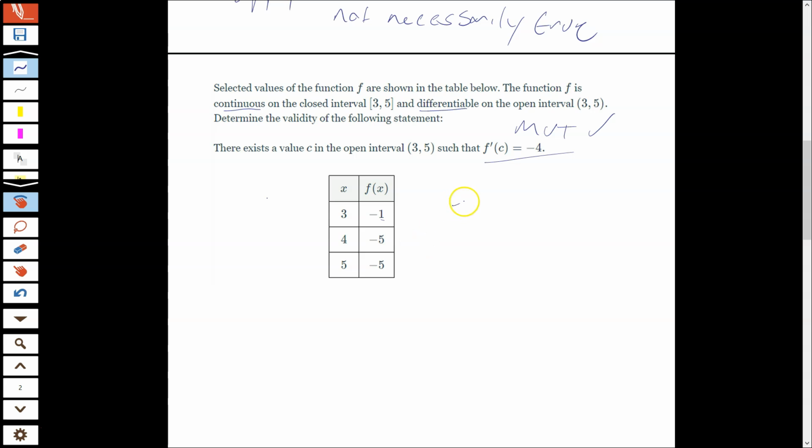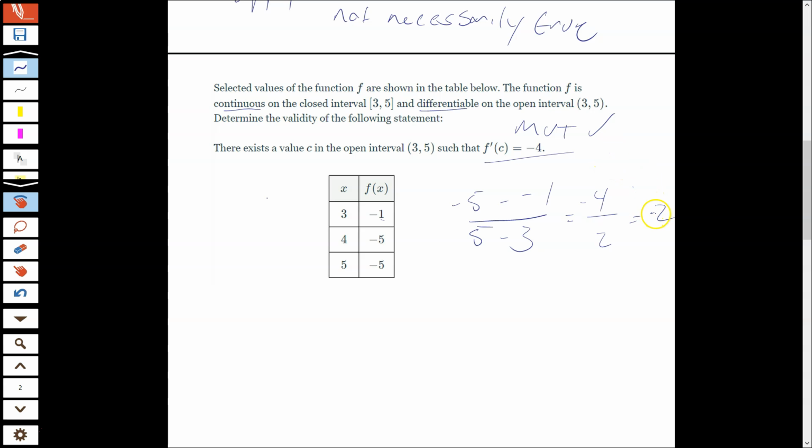So the average rate of change would be negative 5 minus negative 1, over 5 minus 3. So notice what we get here: negative 4 over 2, which is negative 2.